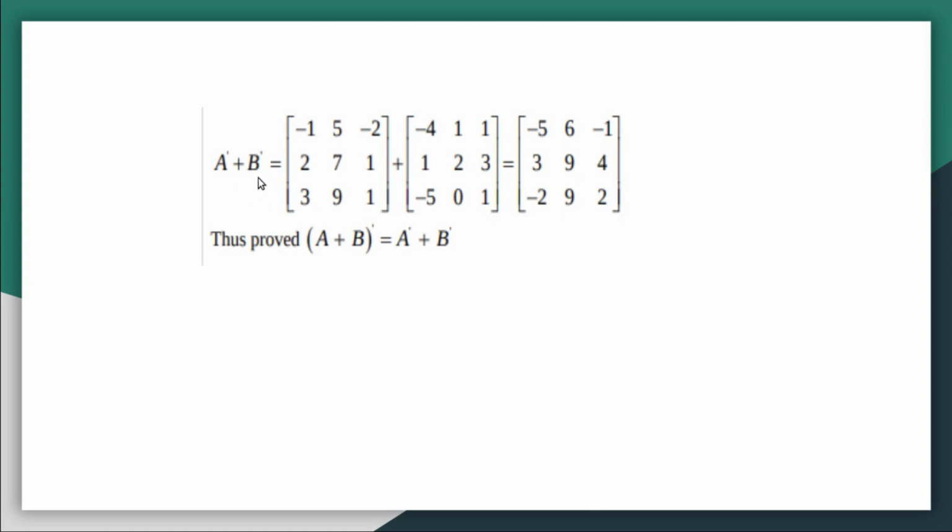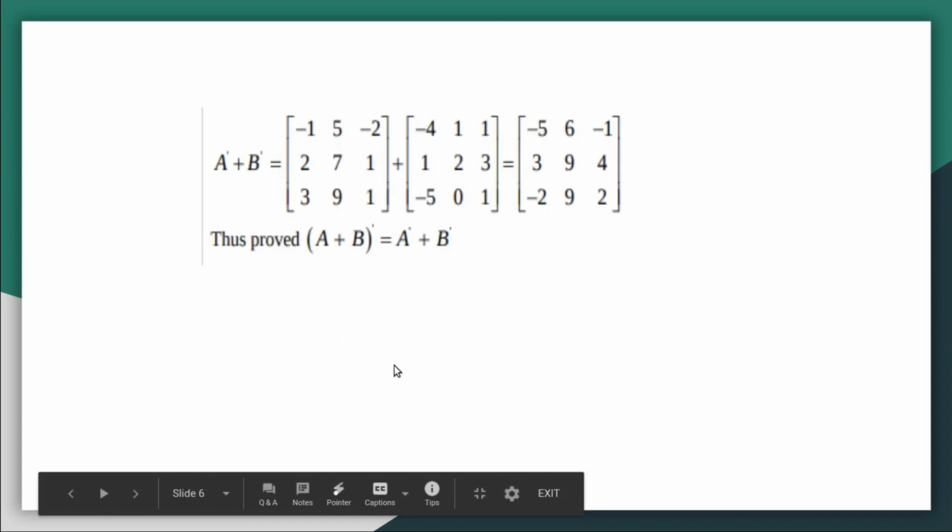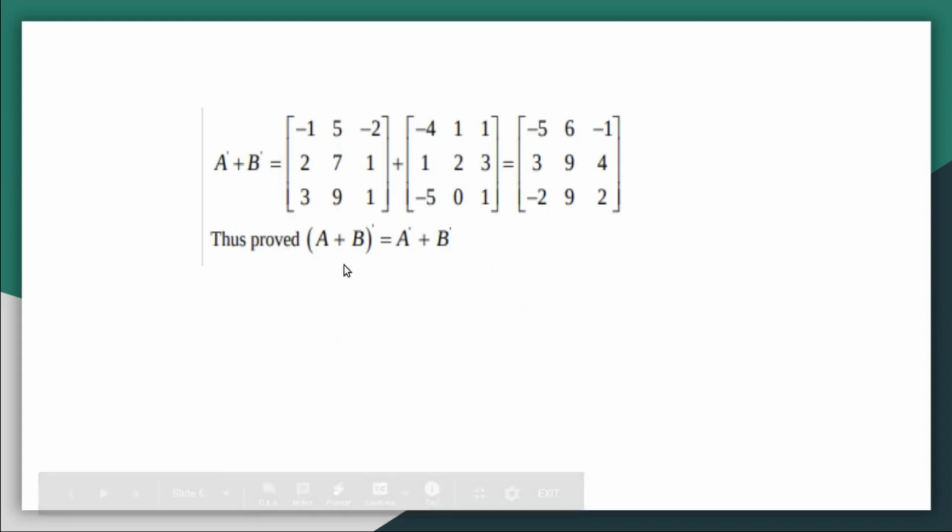Now compare A transpose plus B transpose and (A plus B) whole transpose. Both are the same matrices. So we have (A plus B) whole transpose equals A transpose plus B transpose.